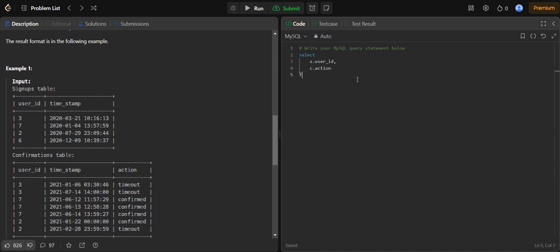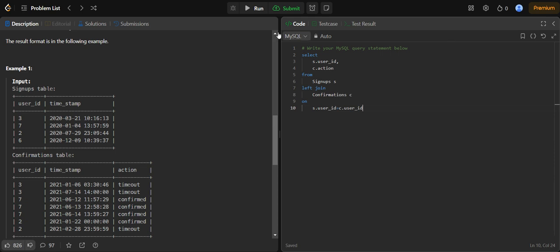From sign up S, left join the confirmations C table on the basis of S.user ID equal to C.user ID. I am just doing this part. I am not doing any group by or anything.